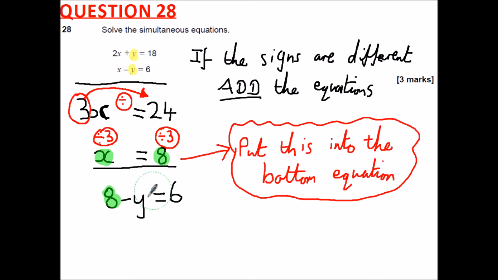So what number, when you take it away from 8, would give you 6? Well, 8 take away 1, that would be 7. But what's 8 take away 2? 8 take away 2 would be 6, and so y would be 2. And so your full answer is that x equals 8 and y equals 2.